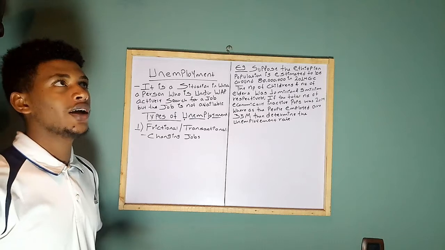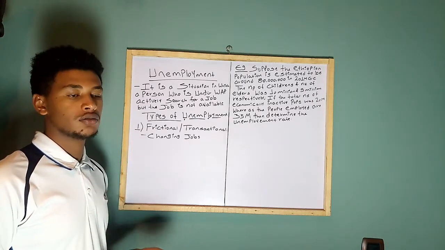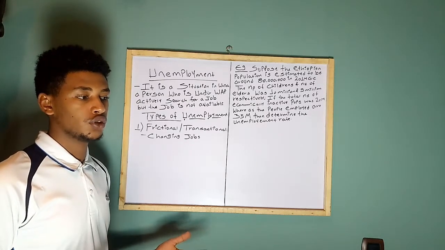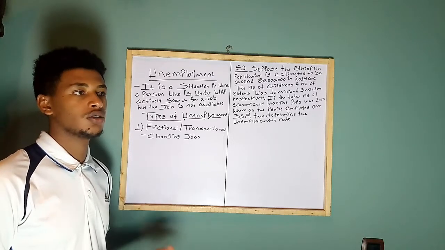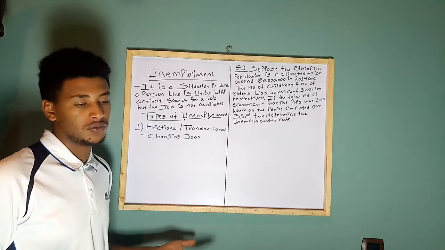For example, seasonal jobs like those of summer camps or gift shops. These kinds of shops try to sell their products at Christmas or holidays, or during festivals, like Valentine's Day.